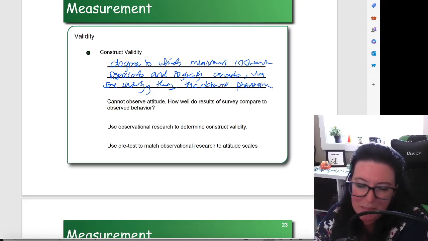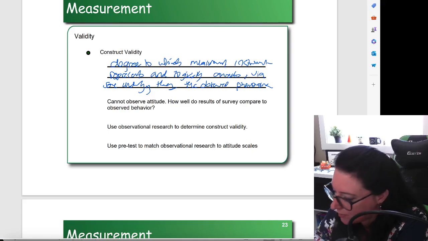I really hate academic definitions, they are so terrible. The observed phenomenon to the construct.